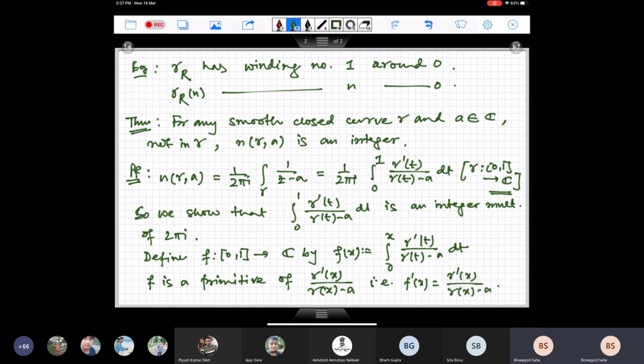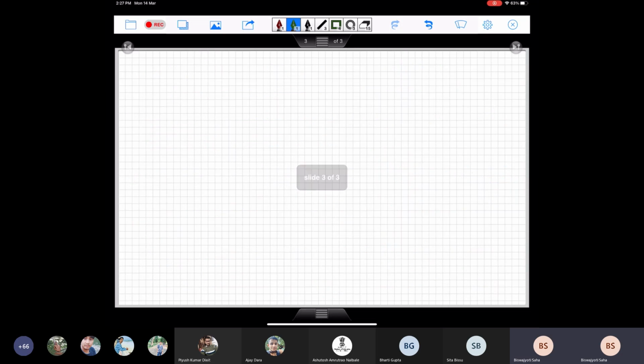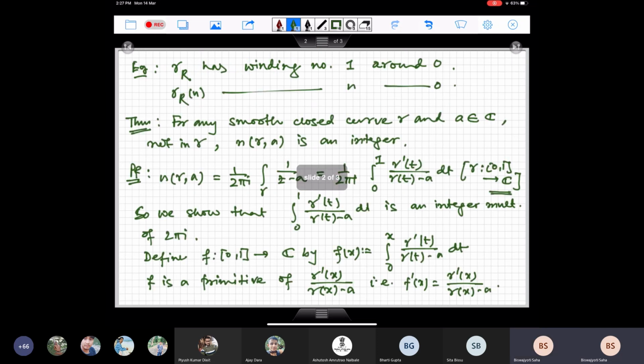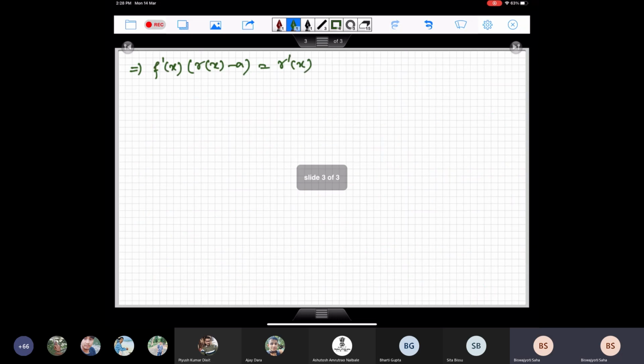I can simplify this, and I get f prime(x) times gamma(x) minus a is equal to gamma prime(x). This is what I am getting.